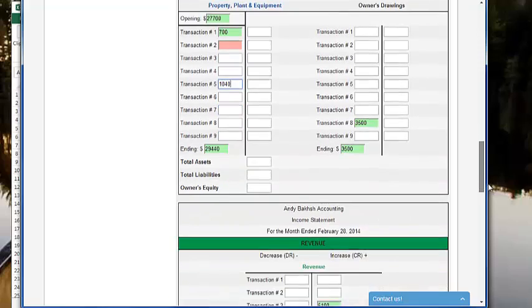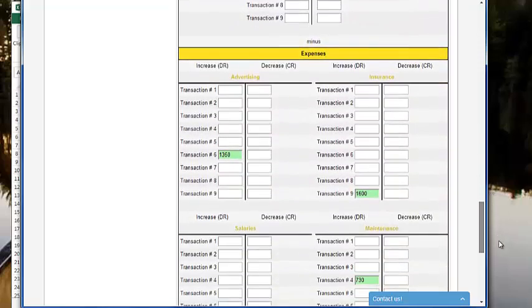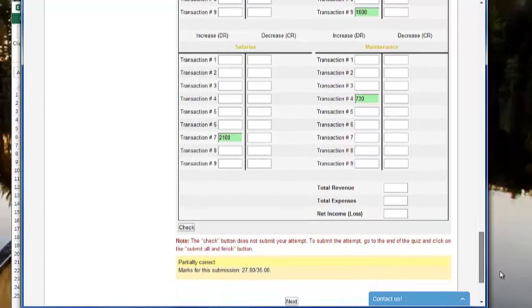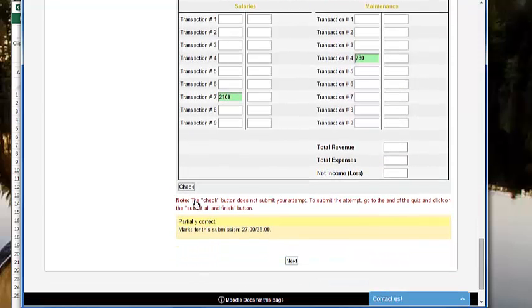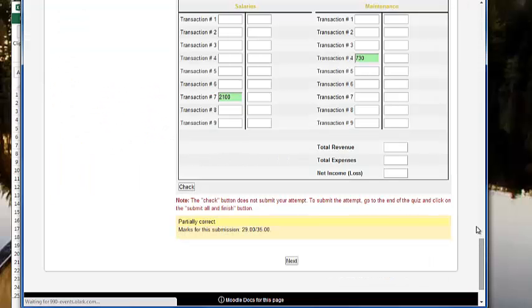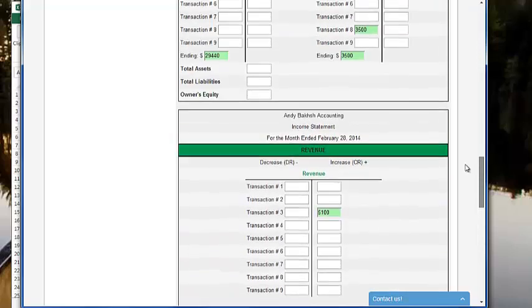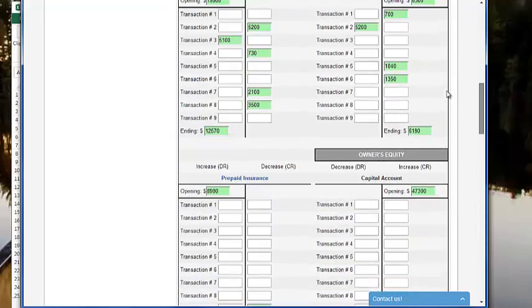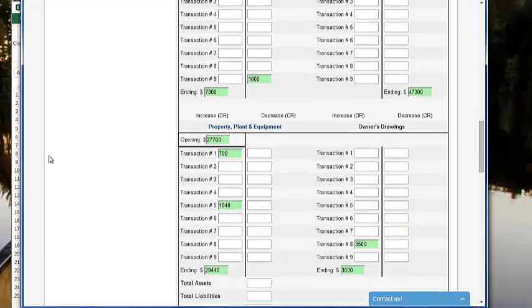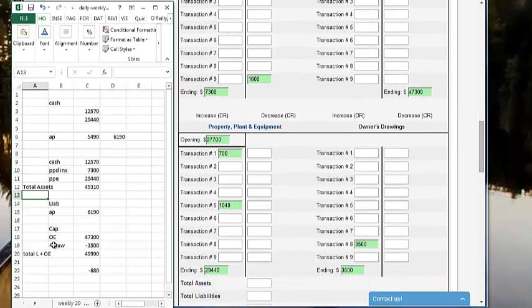Let's see what else is wrong. Check. Okay, I got the green light. Well, why didn't my little equation work here? Because I have some things that are still in the income statement. I have to, let's just call this a subtotal.